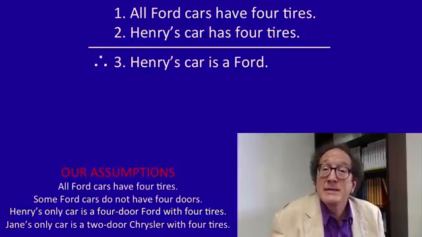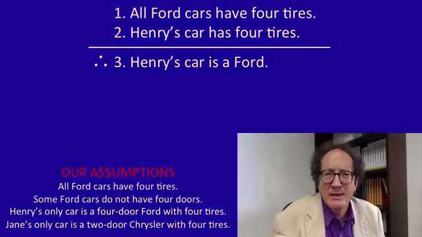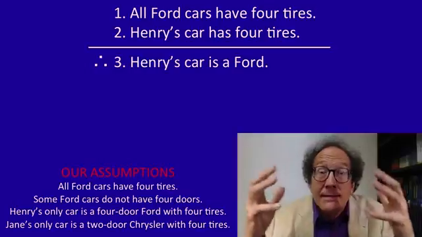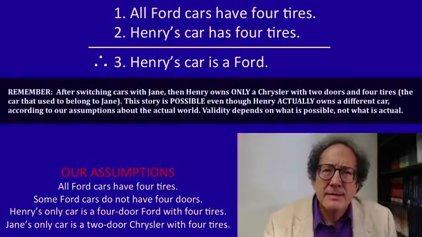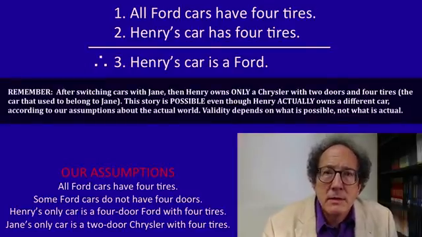But is it possible? Is there any way to tell a coherent story where those premises are true and the conclusion's false? Yes, absolutely. All that has to happen is that Jane and Henry switch cars.